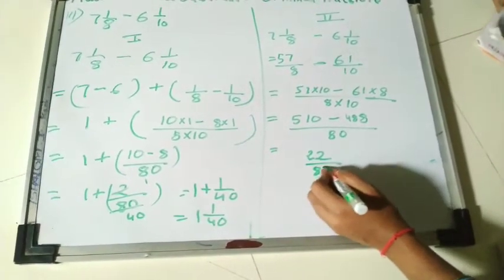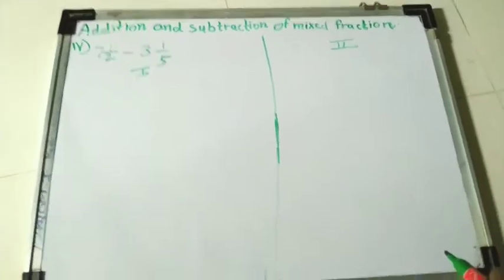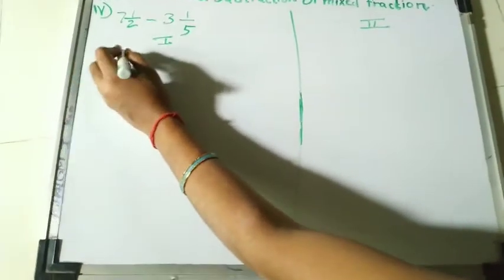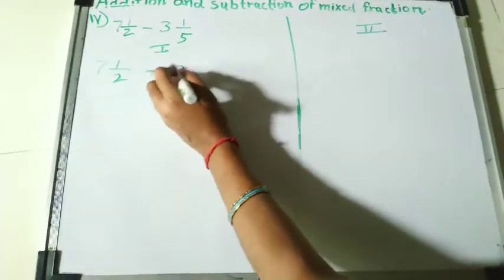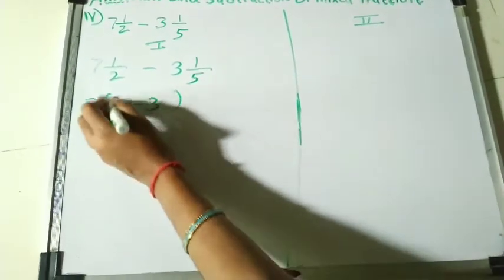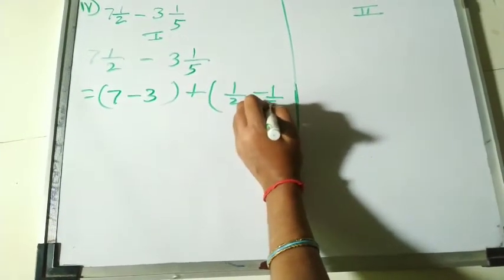You can change it. My question is 7 upon 1 by 2 minus 3 upon 1 by 5. You take 7 minus 3 on one side, and 1 by 2 minus 1 by 5 on the other side.